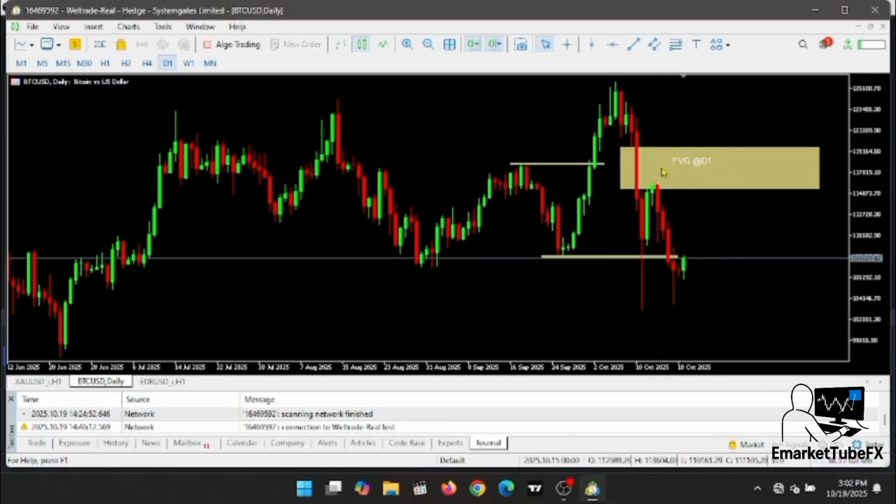And if price gets there and is not able to break the fair value gap, especially to the middle, and reverses either at the top or from the middle of the fair value gap, then it means that price is about to reverse to the other side, of which you need to pick a confirmation. You go to the lower time frame, you pick your confirmation, then you are good to go.